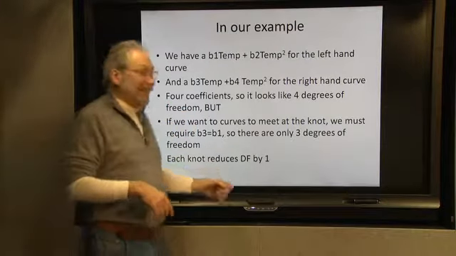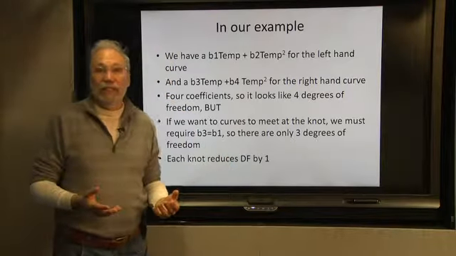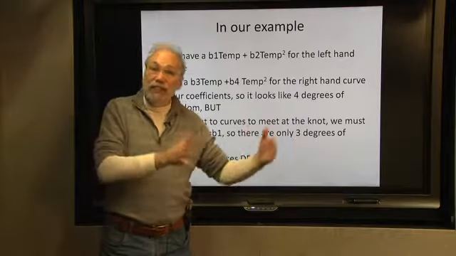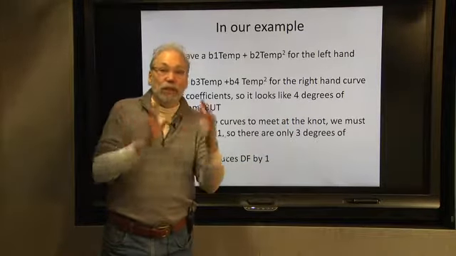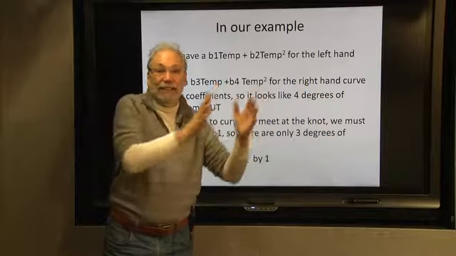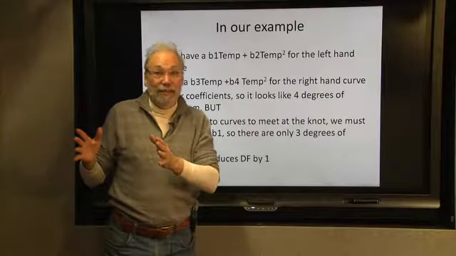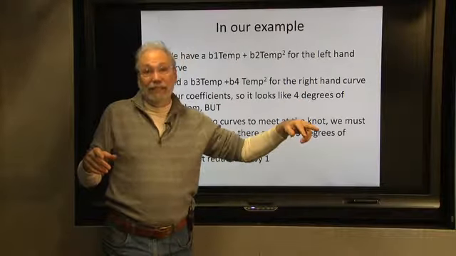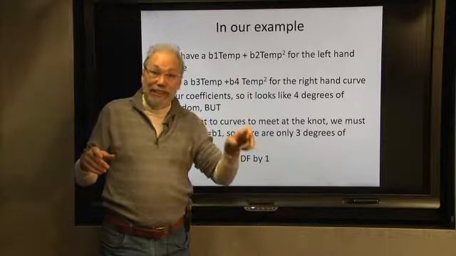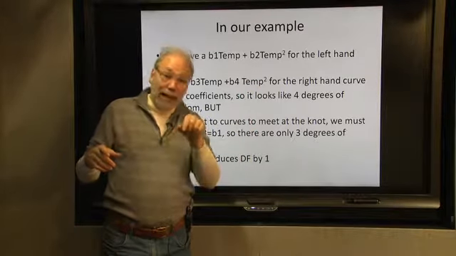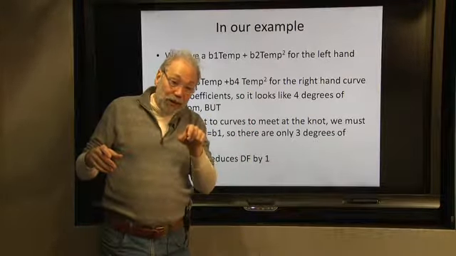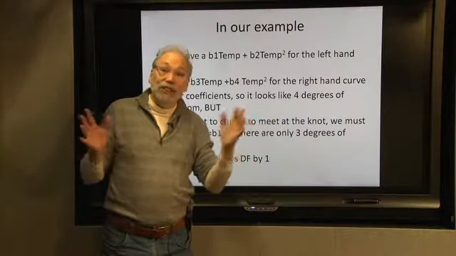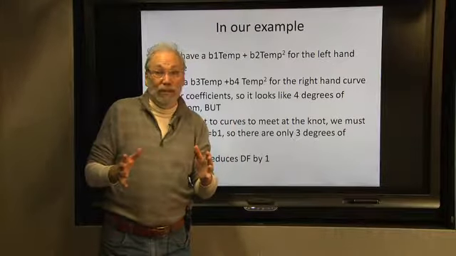So every knot reduces the degrees of freedom by 1. So if I decided to divide temperature into 3 ranges and fit a separate quadratic polynomial in each of the 3 segments, then I'd have 2, 4, 6 coefficients, quadratic polynomial in each piece, but I'd require 2 of the coefficients to be the same here and the same there, so that would reduce it to 4 coefficients.